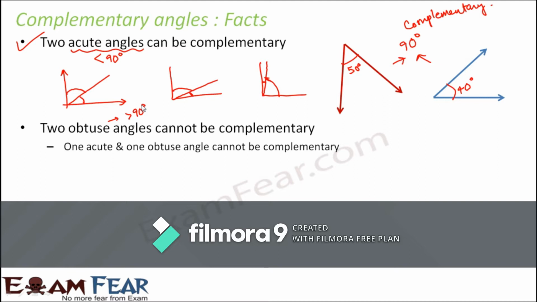Now, do you think that one acute angle and one obtuse angle can be complementary? Definitely not. That's because again, one obtuse angle itself means greater than 90 degrees.